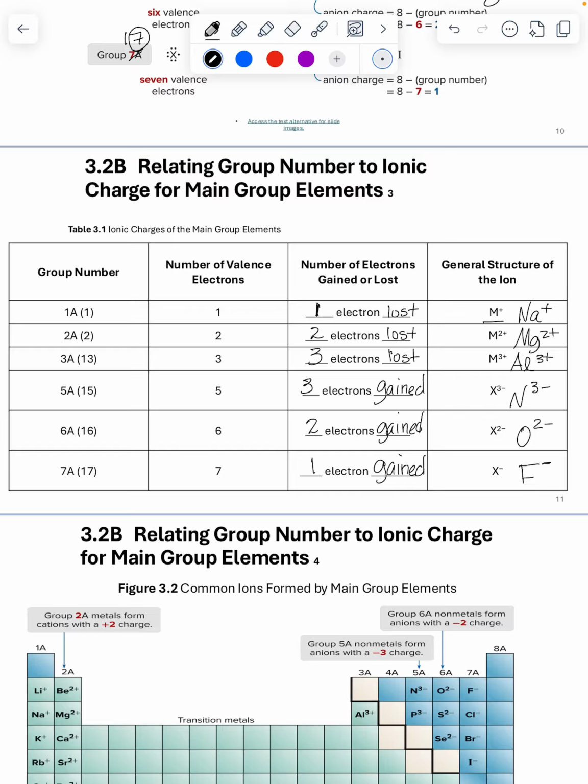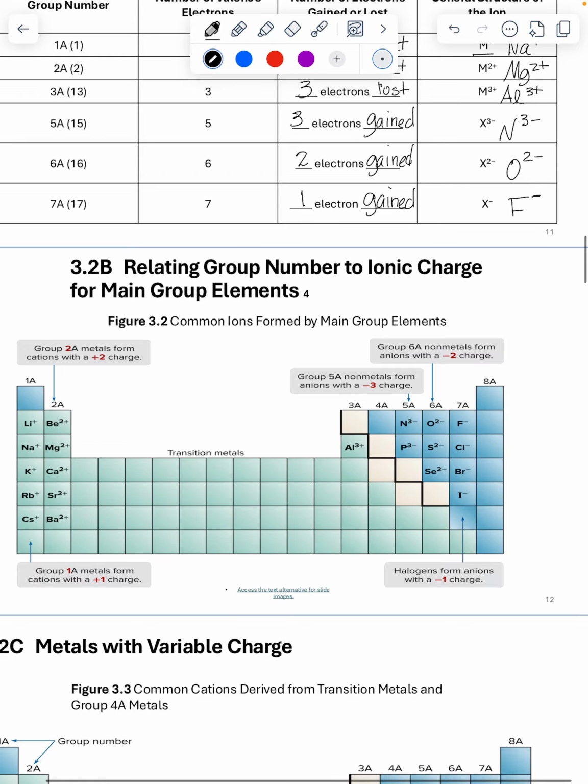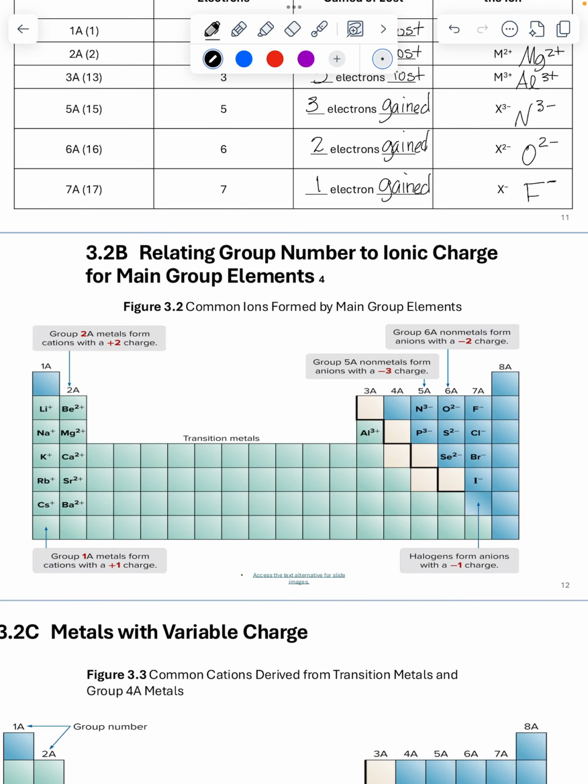Alright, here are some other charges that are commonly used, and so you can see from their location on the periodic table that they have the same charges. It's helpful if you will take out your periodic table that you've been writing on, and if you would just go ahead and write the charges at the top of that table, that would be very helpful.